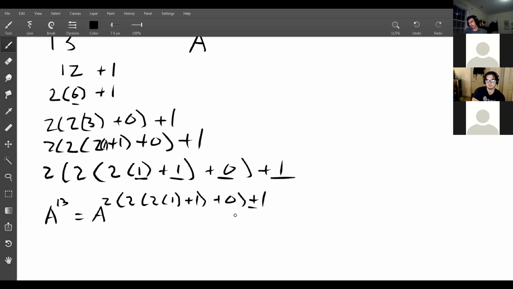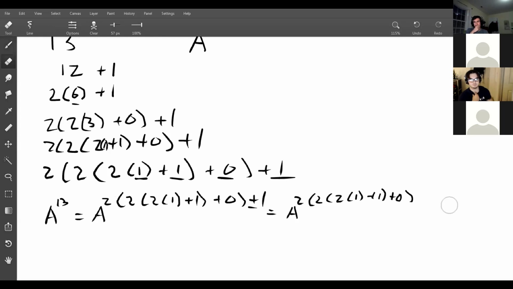Okay, so now I've got an addition, so I can break this apart into a times this stuff times just a on its own. A times 2, just then times a. I guess that 1 goes away.